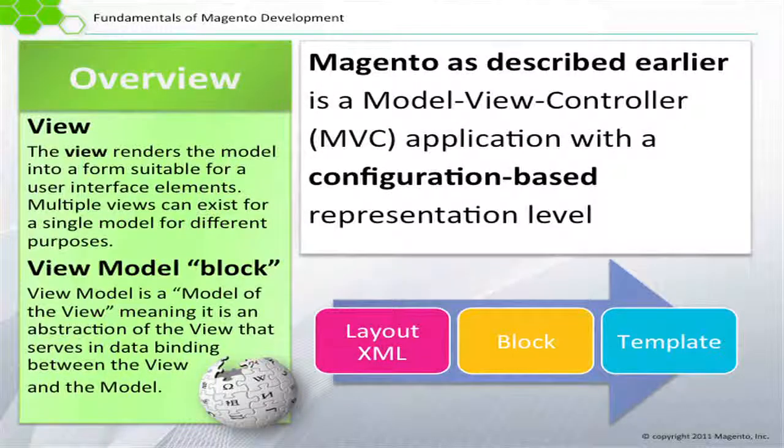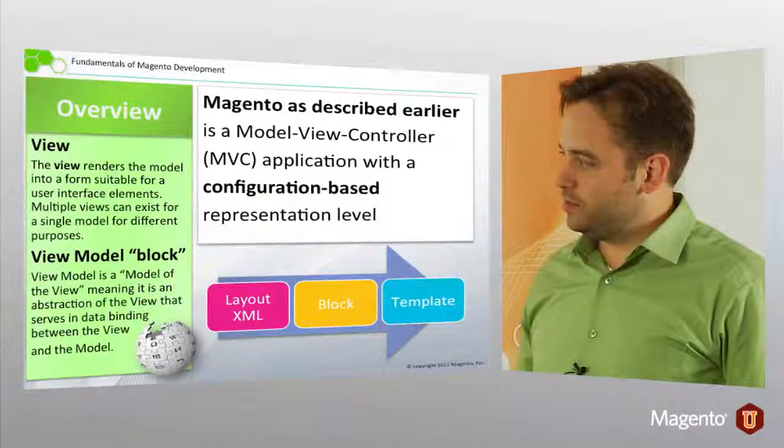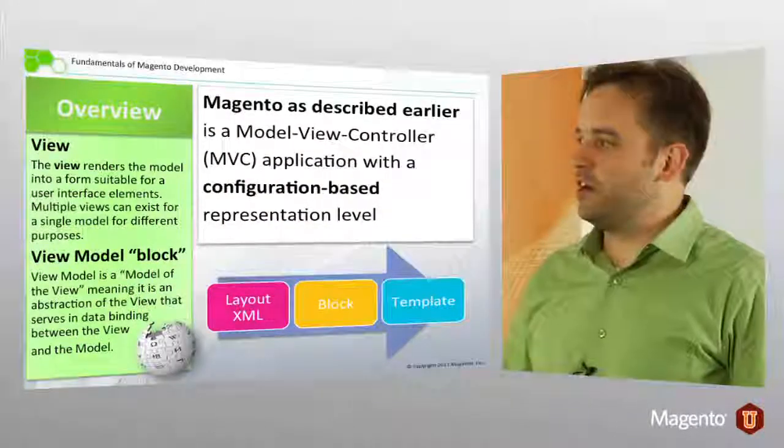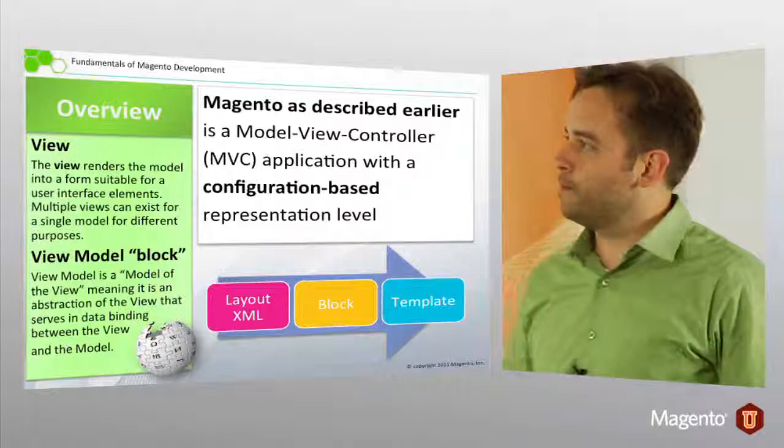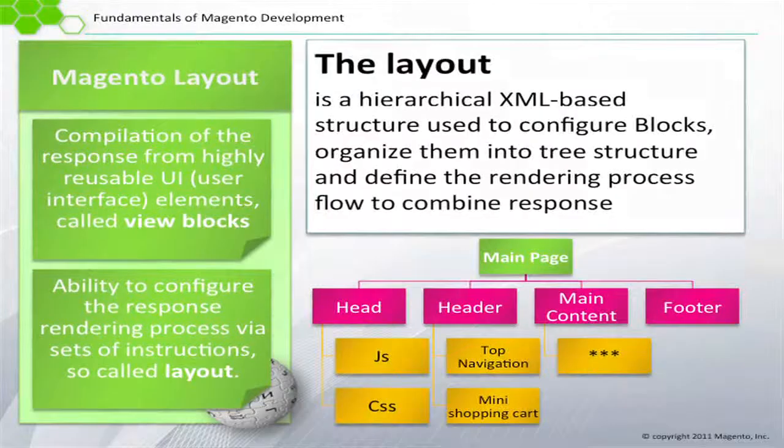We've seen this slide before where we talk about the templates and the blocks being used together, and generally they're set up, configured, associated here in the layout XML. We've seen this before too.